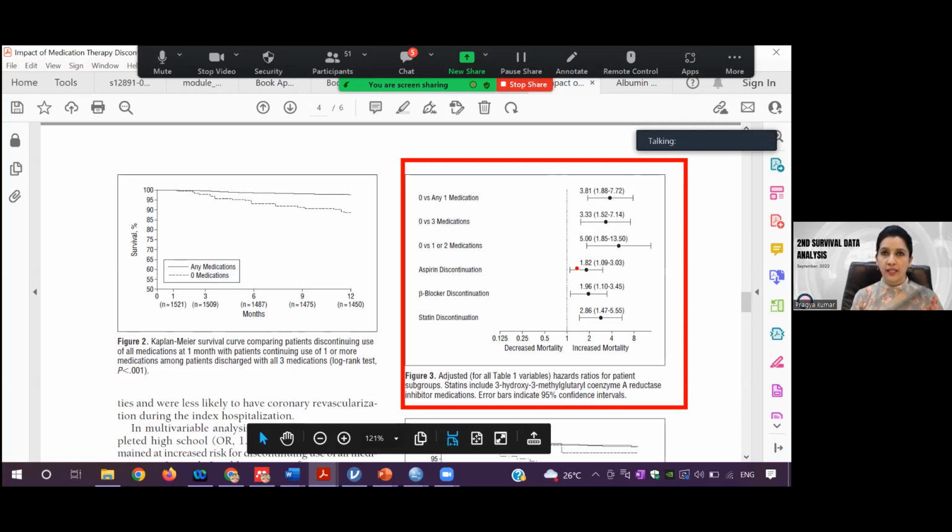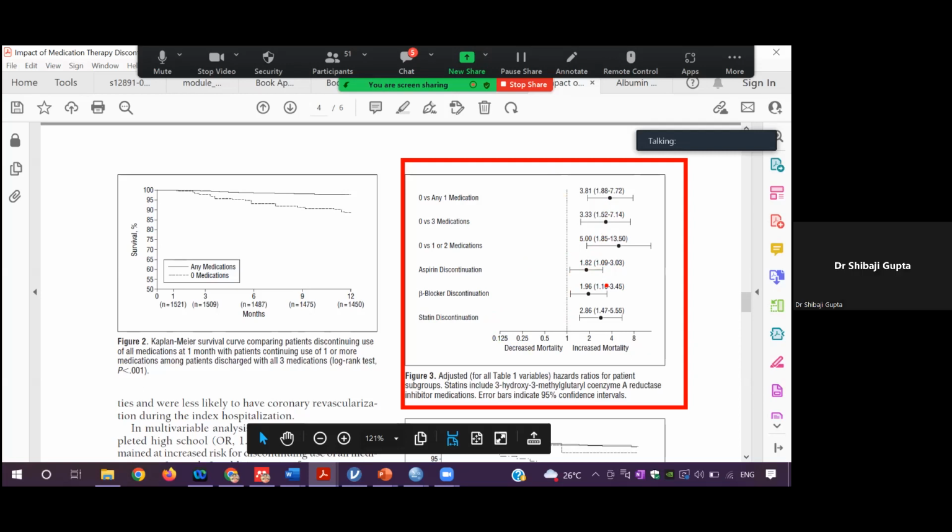And all the variable values, either towards the right side or towards the left side, will be significant. So if it is towards the right side, then all these are significant, and they have shown it only for the significance. So they have written that all the variables which were taken in the adjusted Cox proportional hazard were significant.